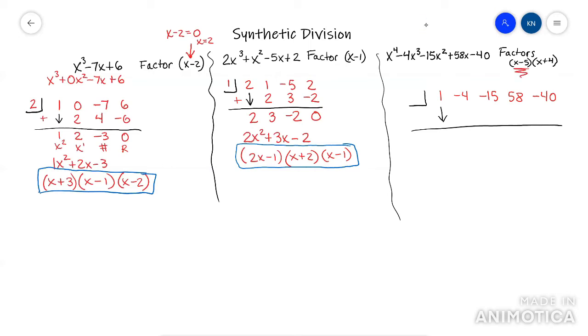So like I could put a 5 in this box first, or I could put a -4 in this box first. It does not matter. Let's go with 5. Drop your first term, repeat the process, so multiply and combine.